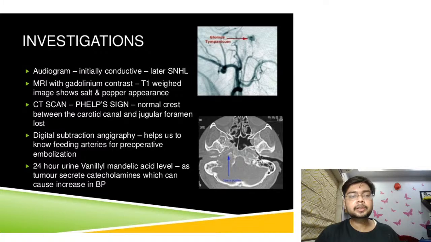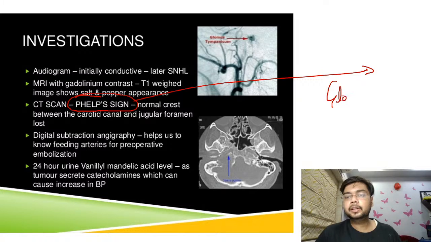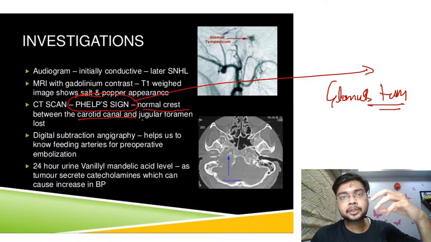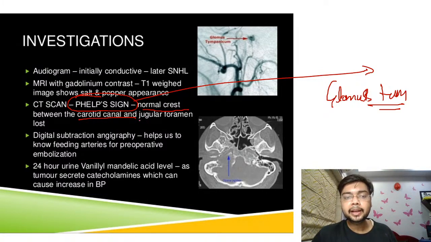Again, one important sign that is called Phelps sign. The important thing is you get it in the glomus tumor. Usually there is a normal bony separation, a bony crest, between the carotid canal, which is housing the internal carotid artery, and the jugular foramen.